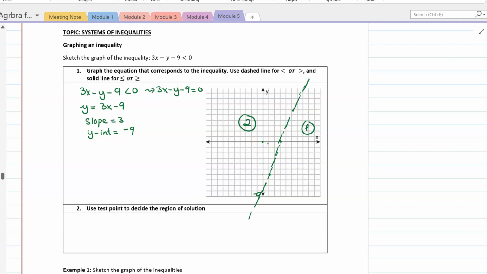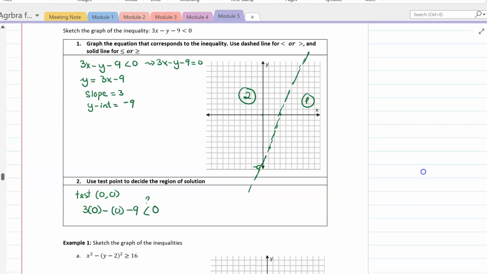When you pick a point, you have to pick a point that is not on the line. So the test point here is 0, 0, because it is not on the line, and we'll plug it into the original inequality, 3 times 0 minus 9, and see if it's less than 0.